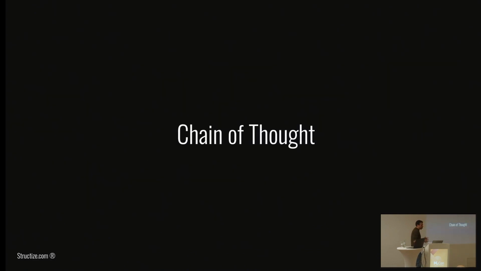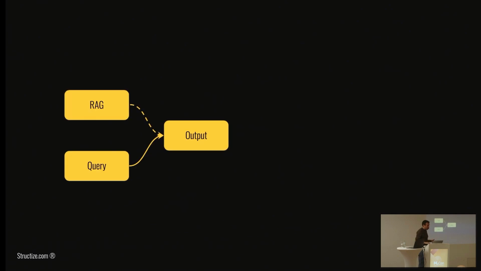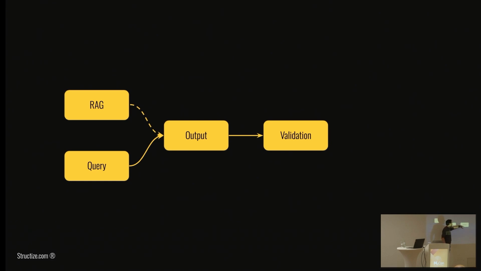Another approach, this is basically called chain of thought, right? You basically force the model to have a chain of thought, and you can also do this in multiple stages, where we do actually the same graph that I showed you earlier, where you have some form of validation, give the output of the validation back to the model, and let it regenerate the output.